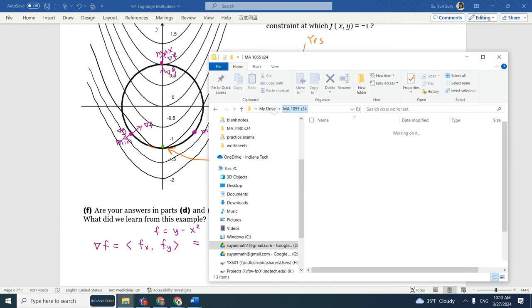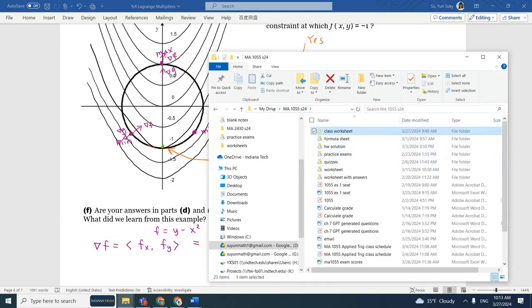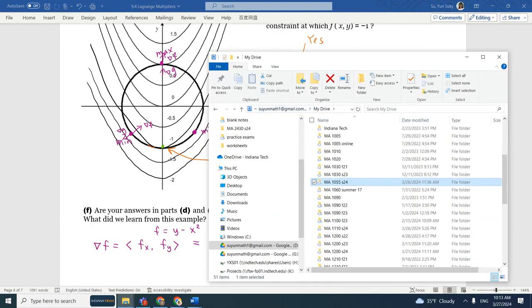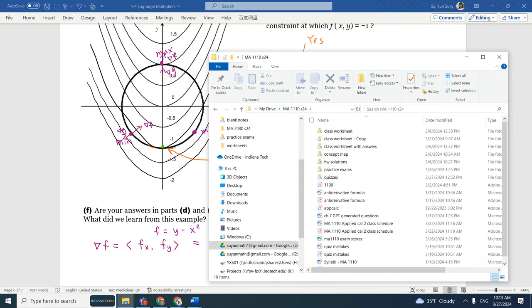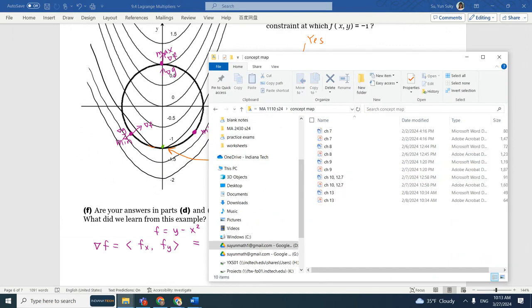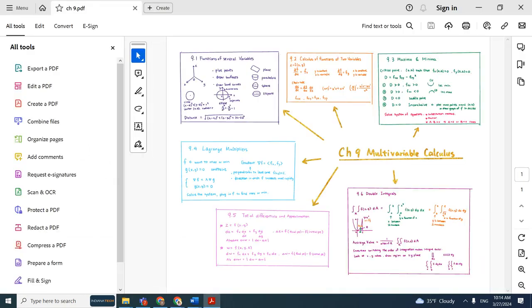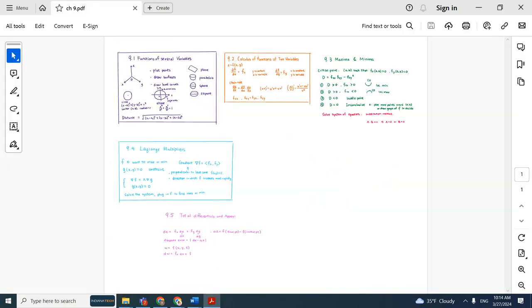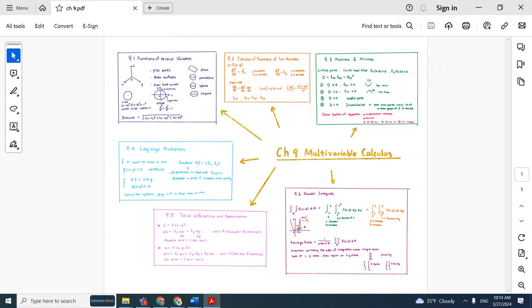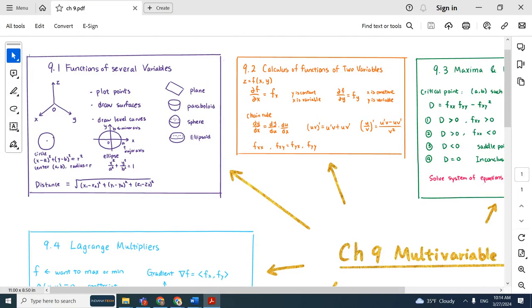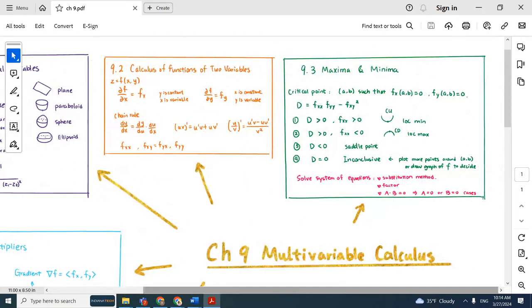I recommend you to take a look at the concept maps. Because concept maps help you to see the connection between multiple sections, and you can also compare them, right? So 9.3, you still have the concept map review? No?